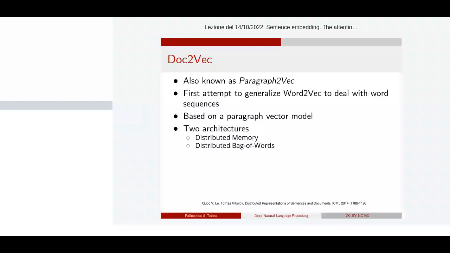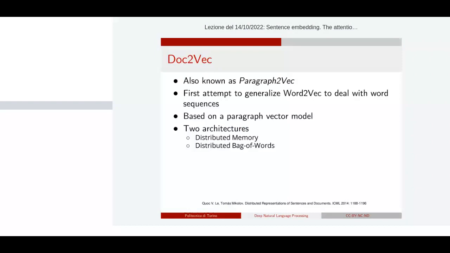Let me just briefly recall. In the skipgram architecture, we have the target word, and we have a context window. The window is centered on the target word. Typically, we have from 3 to 5 preceding words and from 3 to 5 subsequent words.